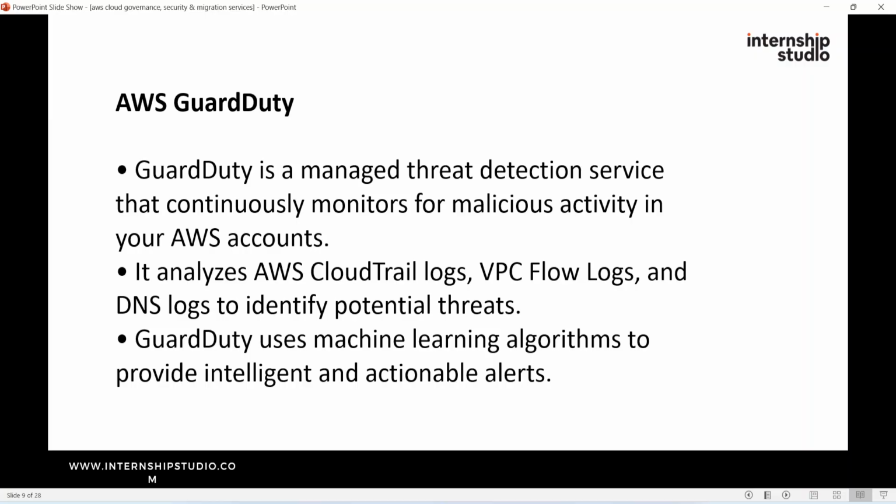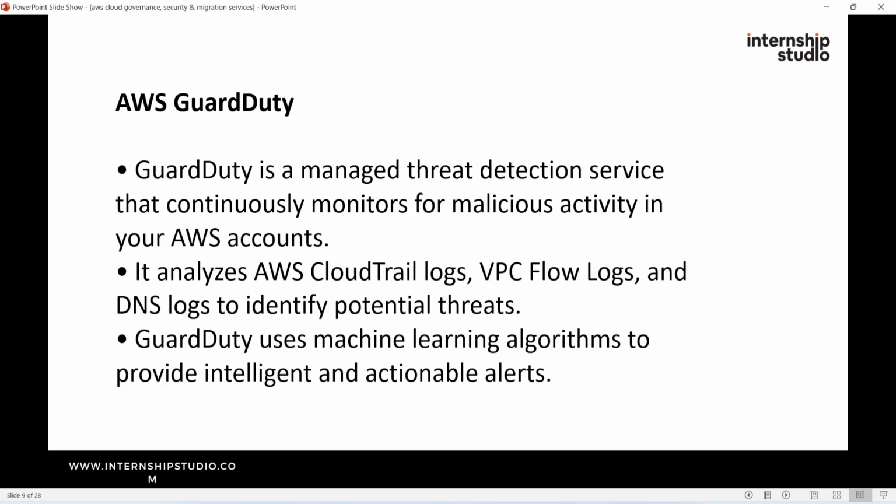It incorporates threat intelligence feeds from various resources, including AWS partners and the broader security community. This ensures that the service is up to date with the latest information about known malicious entities and attack techniques. When GuardDuty identifies a potential security threat, it generates security findings.